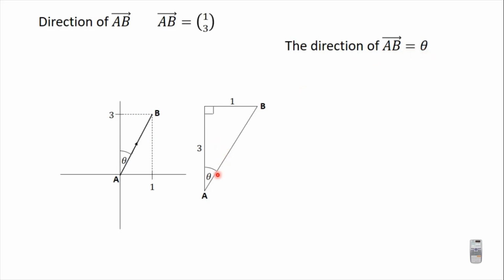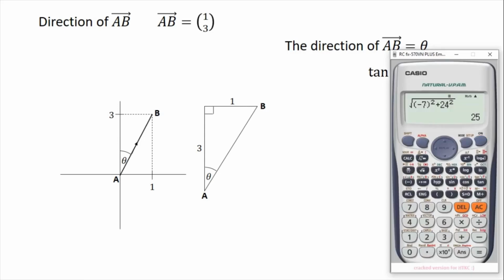Okay, now we can find theta from this right angle triangle here. If we use tan theta, we know that tan theta is equal to opposite, which is 1, divided by adjacent, which is 3. So tan theta is equal to opposite over adjacent, which is 1 over 3. Theta will give us tan inverse of 1 over 3. We know how to find tan inverse, right?